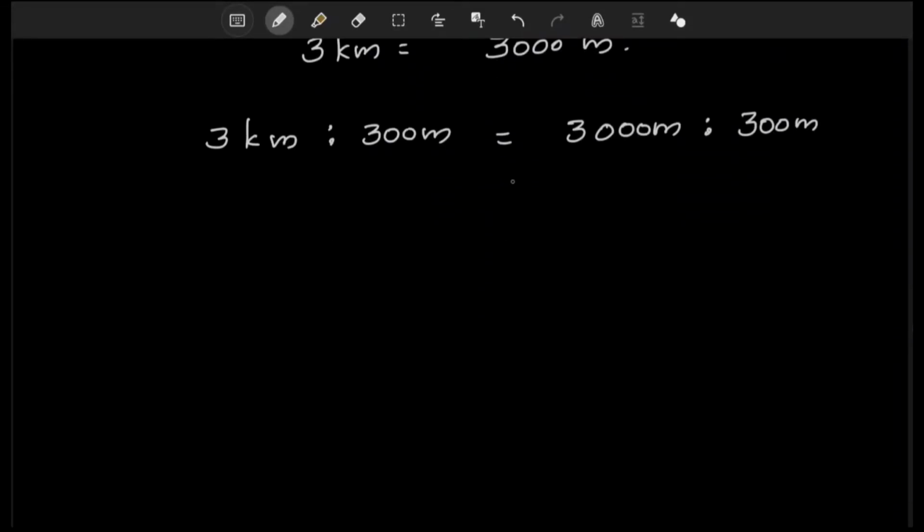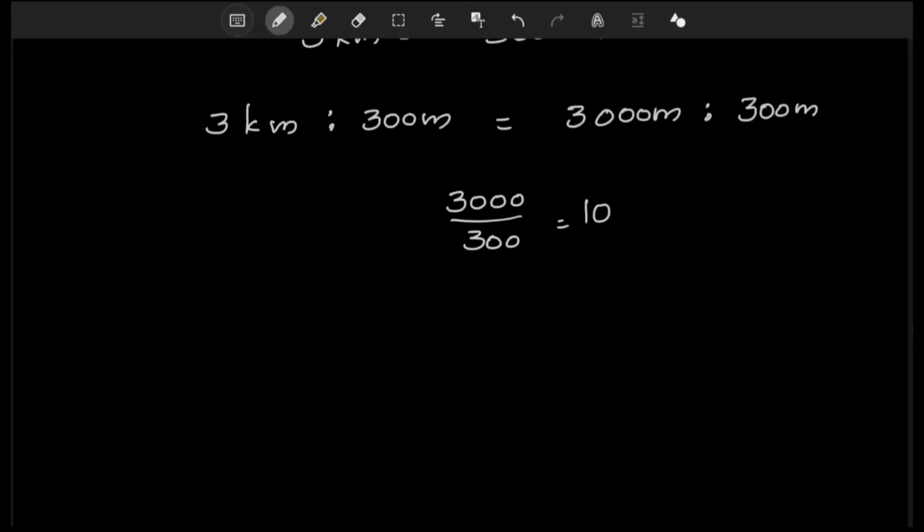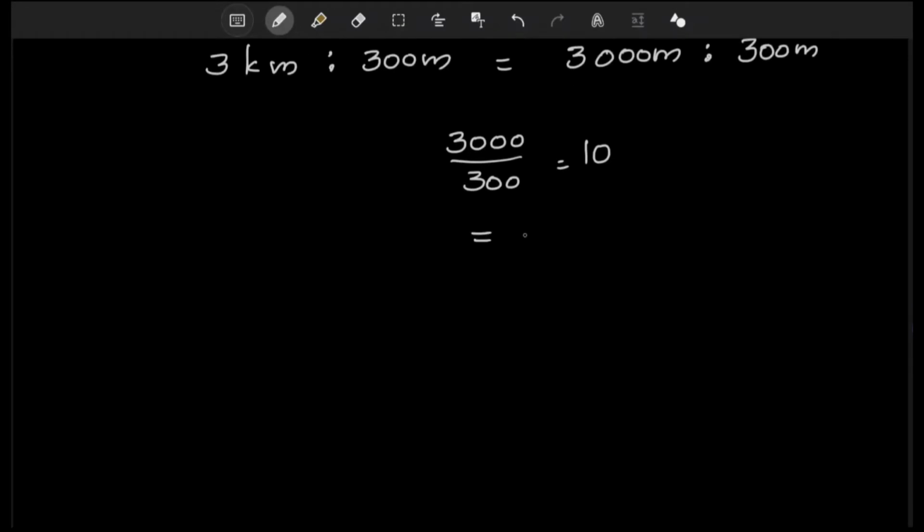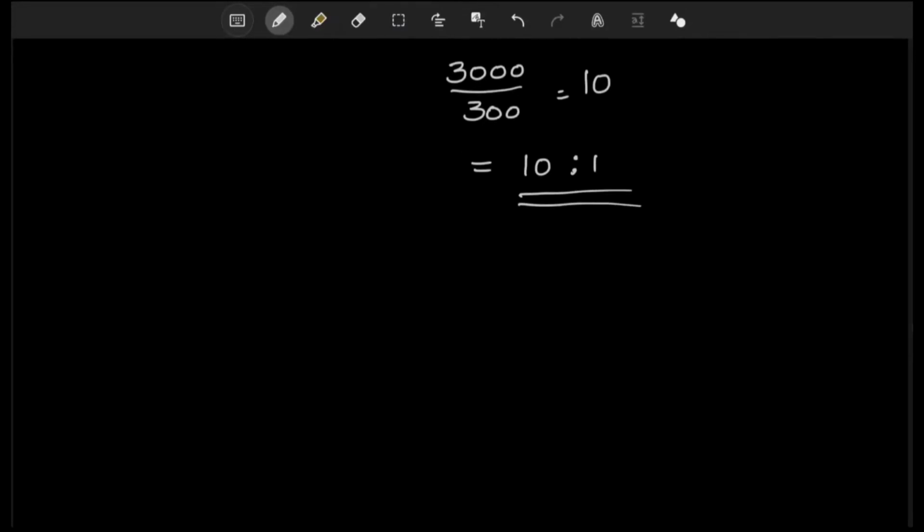Ratio is nothing but division. So 3000 divided by 300 is equal to 10. So it can be rewritten as 10 is to 1. This is the ratio of comparison, because we changed the quantities into the same units.